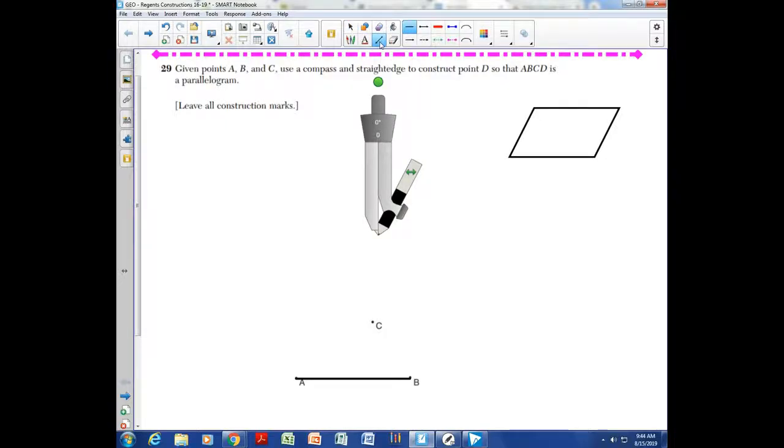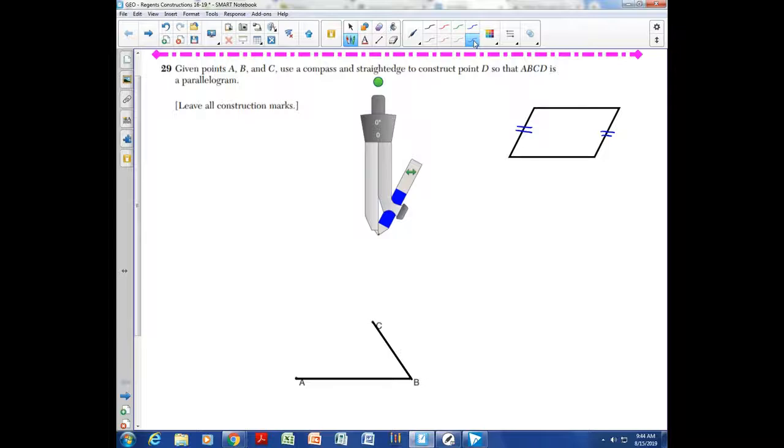And connecting B to C. Right? Now, if we understand the properties of a parallelogram, we know that AD will need to be congruent to BC because the opposite sides of a parallelogram are congruent.